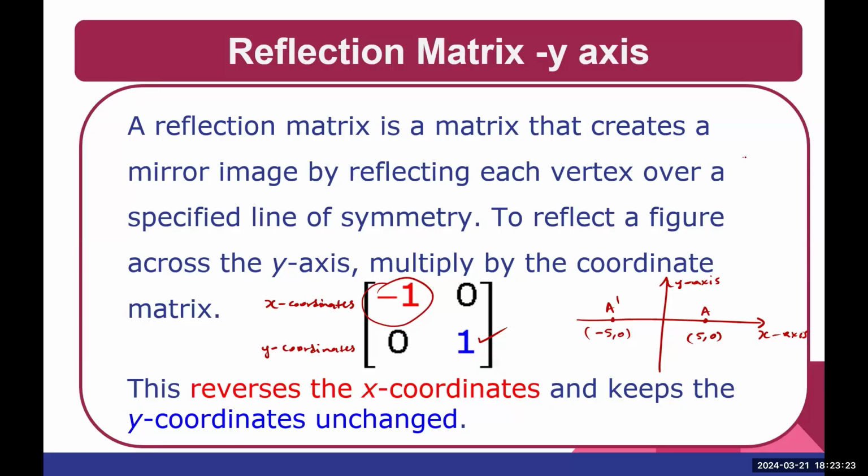So let's say we have our graph, we had our y = x line. So the coordinates switch place and the signs change. That's what you said last week. So remember, there are two of them. We have the y = x and y = -x.